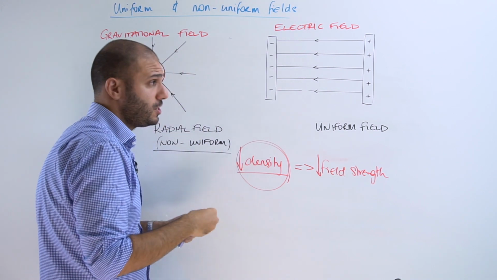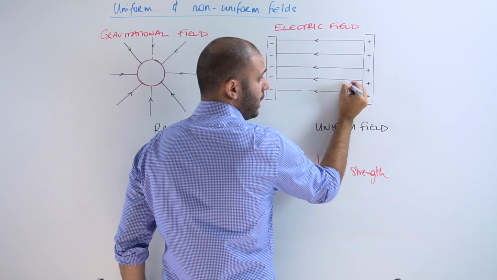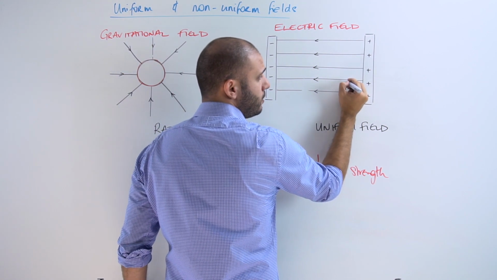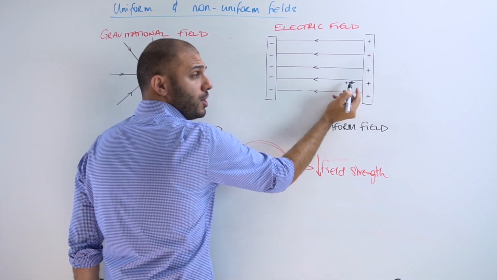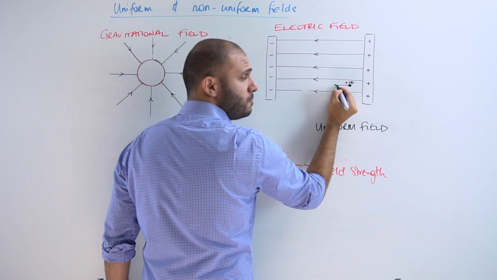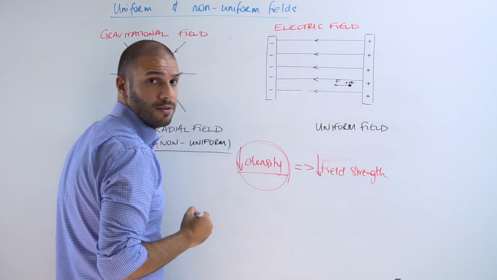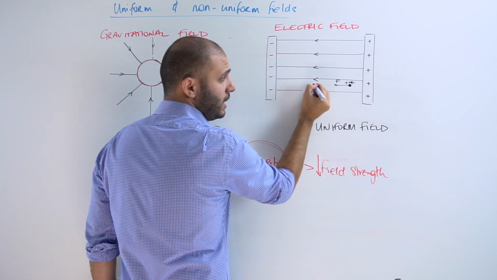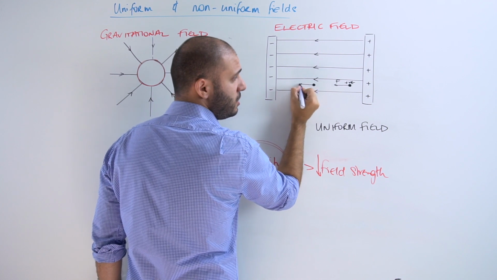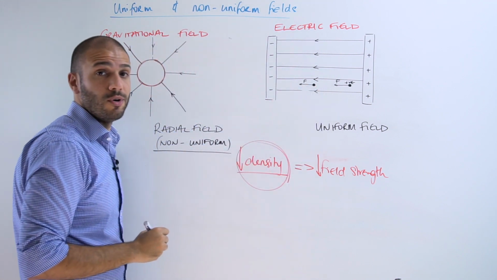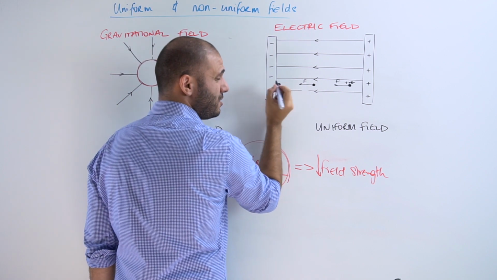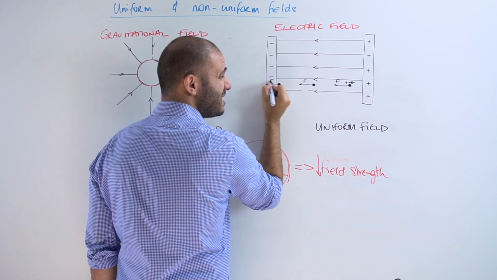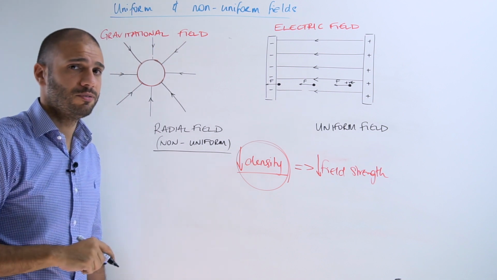And with a constant pull, say we put a positive charge here, that positive charge will experience a force F there. When it gets to the center, it will still be experiencing the same amount of force towards the negative plate. And just before it hits the negative plate, it is still experiencing the same amount of force.